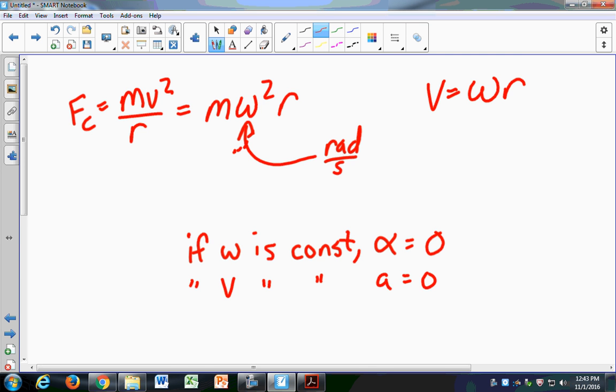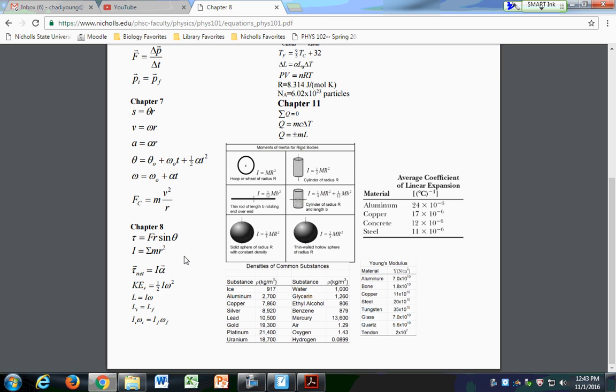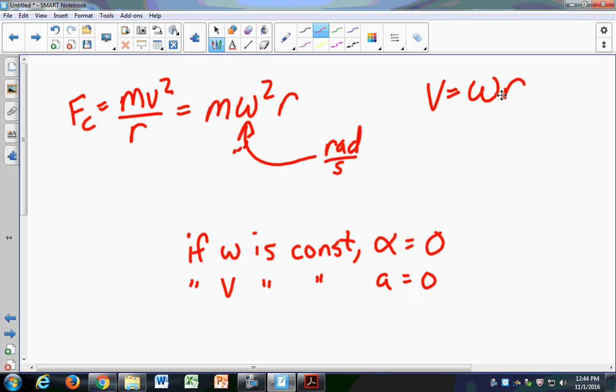Will centripetal acceleration be on it? It could be, yeah. I don't think it is. It's not in my equation sheet, but it sort of is. Let me show you how. I understand that it's not written on there. But F equals ma.